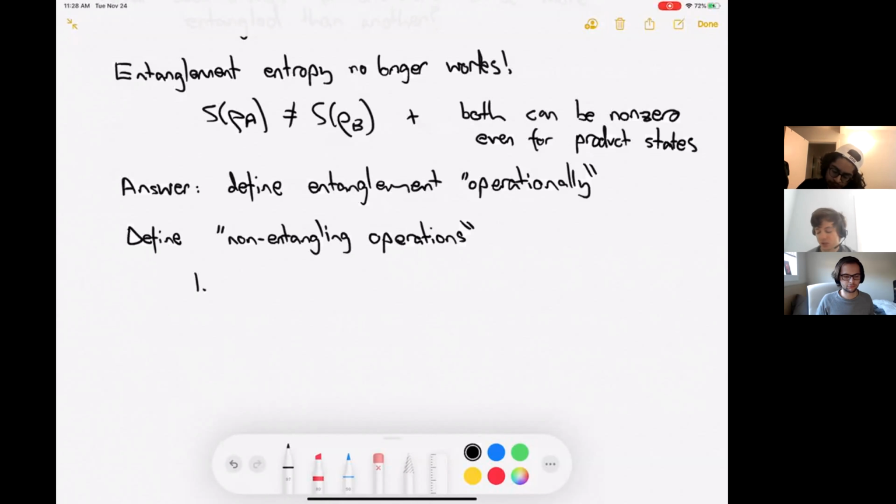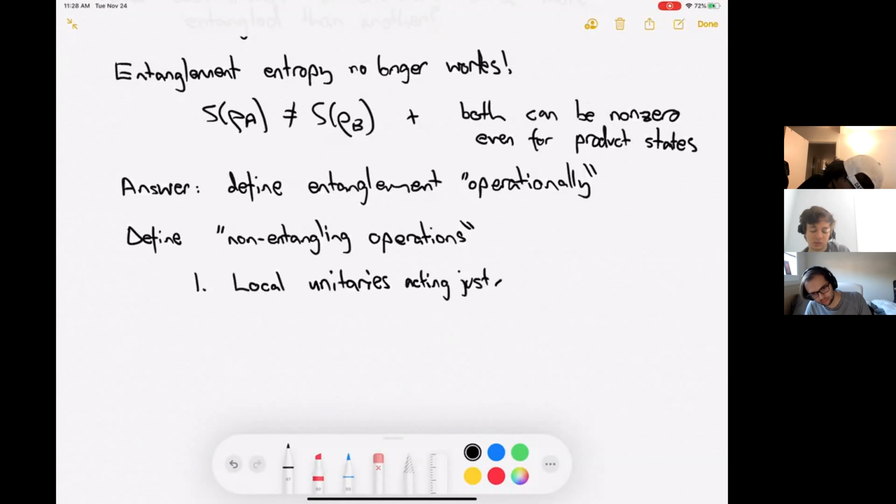So one of the things we're going to allow as part of our non-entangling operations is local unitaries acting just on A or B. Okay. So that's one of the things we're going to allow and count as a non-entangling operation. What other ones will we have?